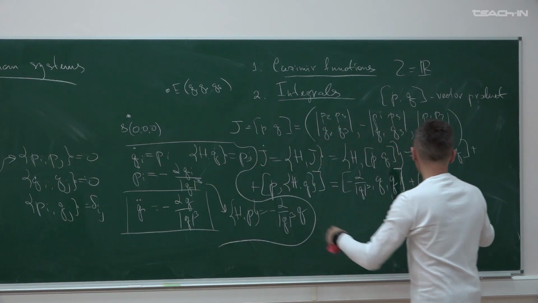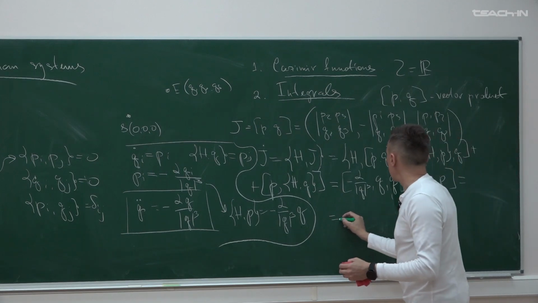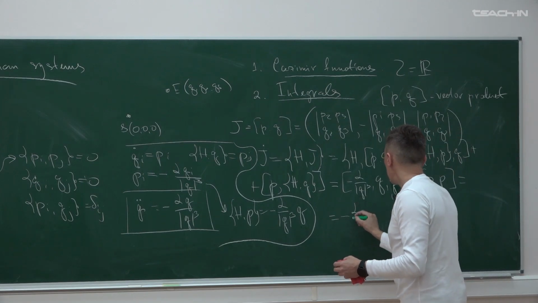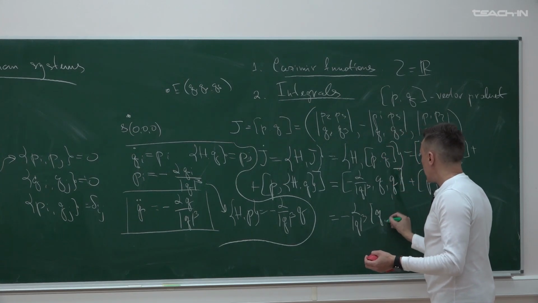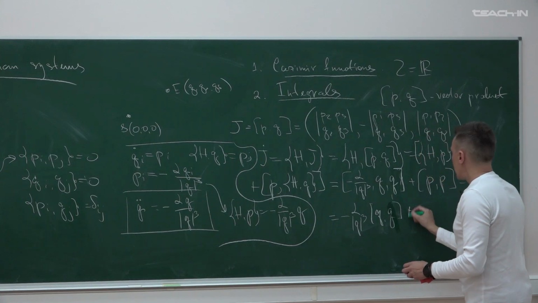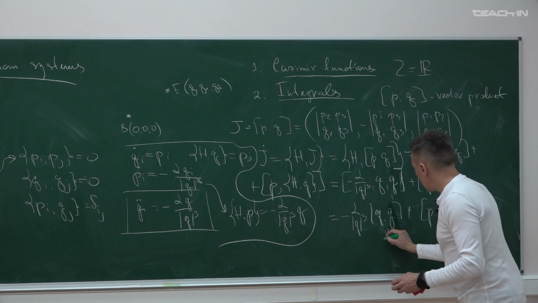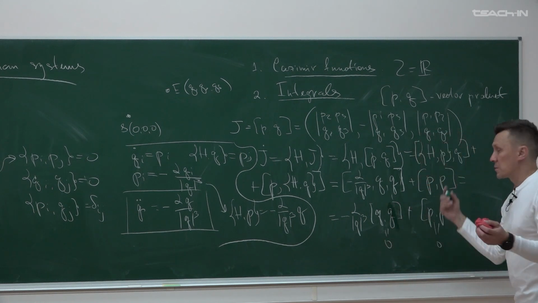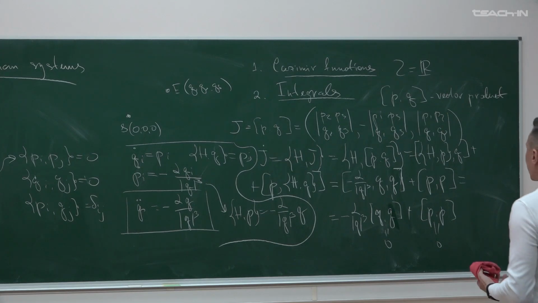It is the vector p. I suppose you see that it is trivial. It is 0. Because we always have the vector product of the same vectors. And they are both 0 because the vector product is skew-symmetric. Okay?